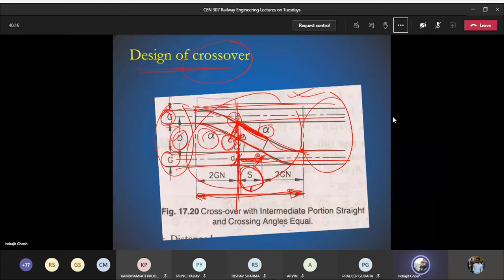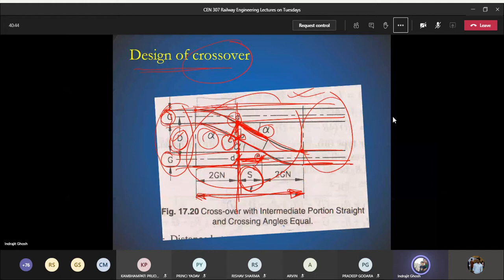These two sides are known as curved lead. So I will show you a photo later. Curved lead is basically the distance between the theoretical nose of crossing, which is here, and the tangent point T. So what is the tangent point? Tangent point is basically where the tongue rail is going to touch the stock rail.